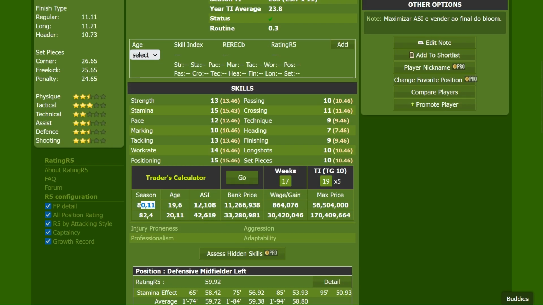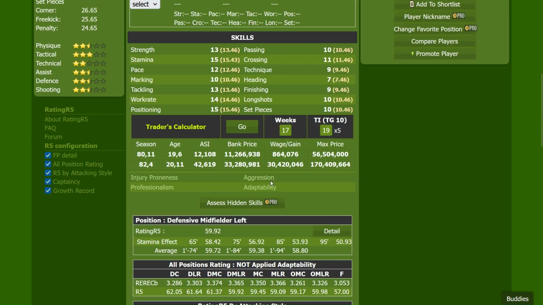This is his current aspects, and in the future, at the end of his bloom. His bank price is currently this, and his future bank price would be this. If I sell him for this price in the future, considering the deduction of the 6% for the sales tax and the wages I'm going to pay, this is the profit I would make.